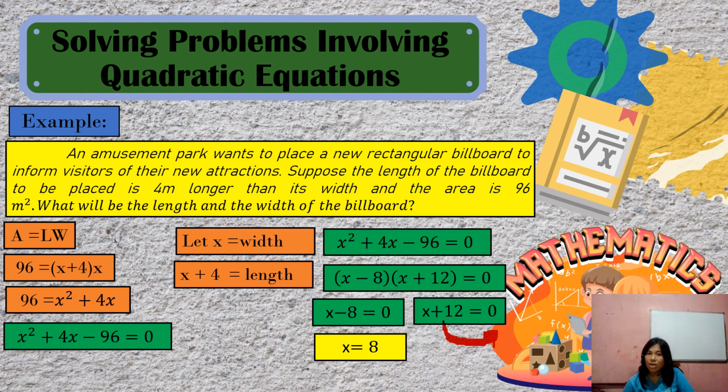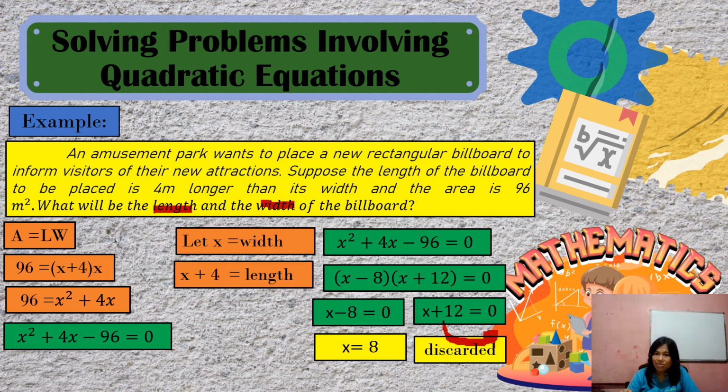Class, if we're going to talk about length and the width or dimensions, any dimensions, wala tayong negative. Therefore, hindi natin gagamitin yung x equals negative 12. Or, discard na natin yan. Discard na natin yan kasi nga, bakit natin kailangan siyang i-discard? Kasi walang negative na sagot.